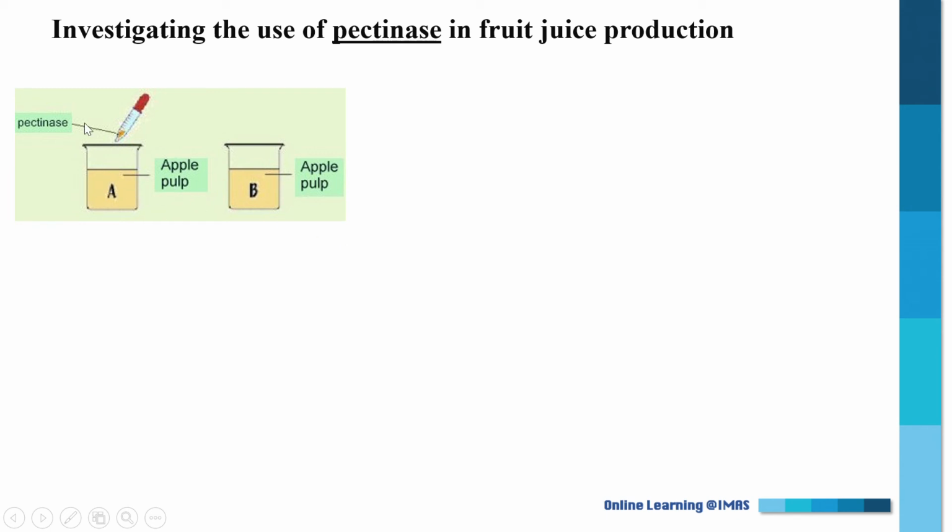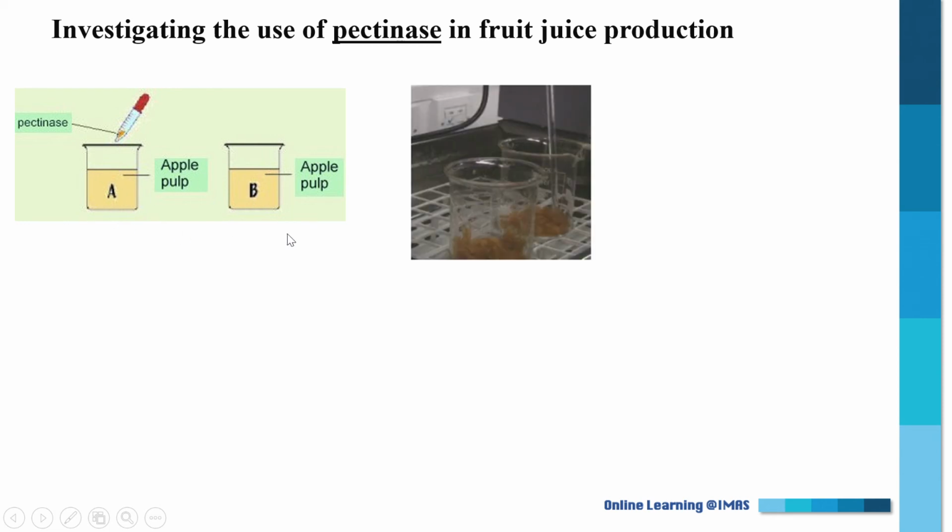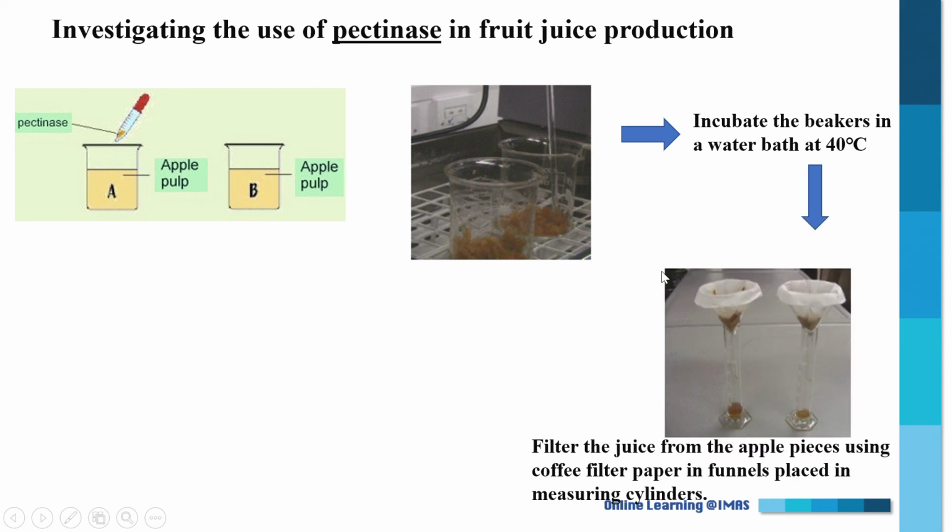You add pectinase in beaker A and no pectinase in beaker B. First you crush the pulp, then incubate the two beakers in a water bath at 40 degrees Celsius, and let the enzyme in beaker A break down the tissues of the apple.